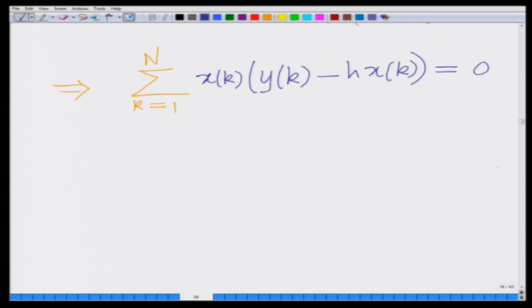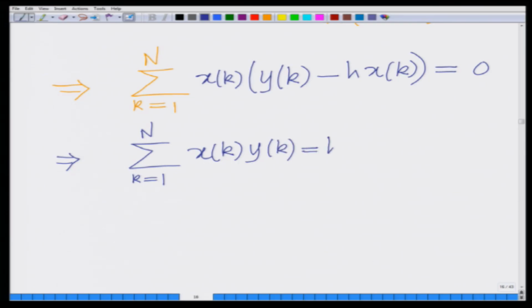Now you can simplify this: summation k equals 1 to n xk yk equals h times summation k equal to 1 to n xk into xk, which is x square k.